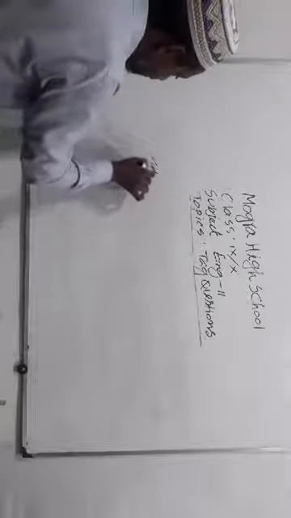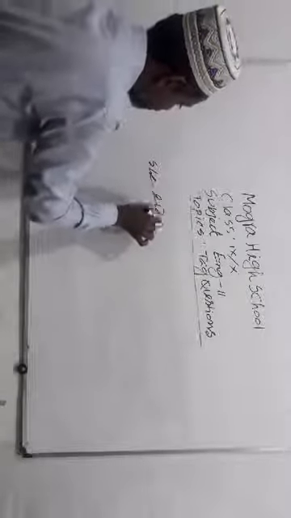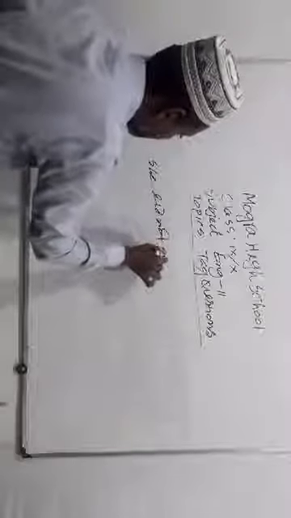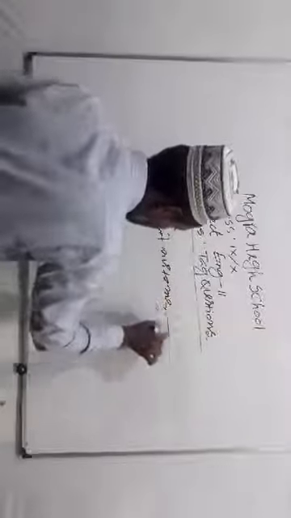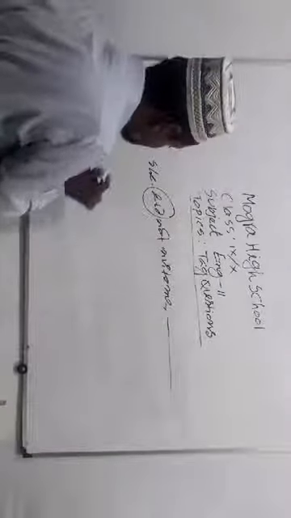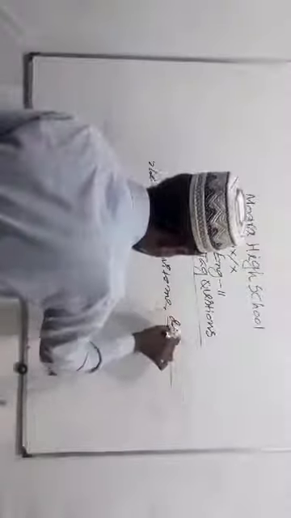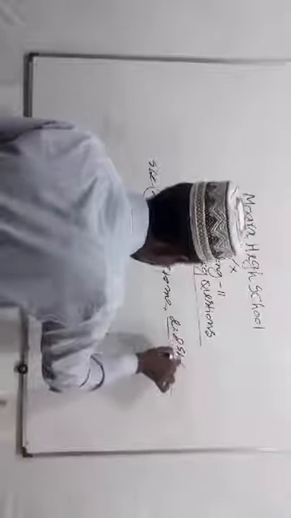She did not invite me. Here the statement is negative, so we have to turn it into affirmative. Here our auxiliary verb is did, so I can use did she. Okay.